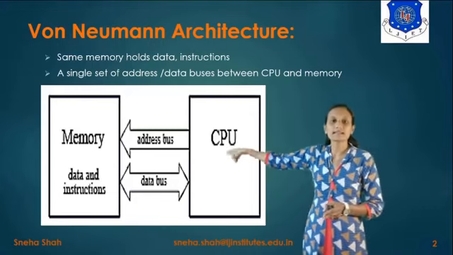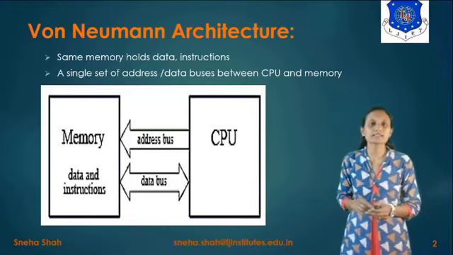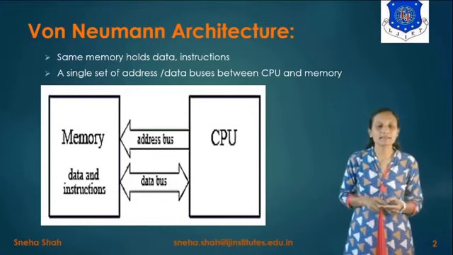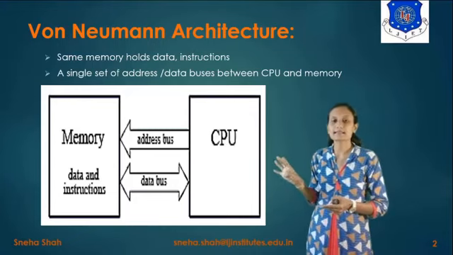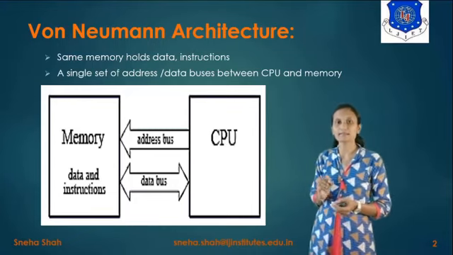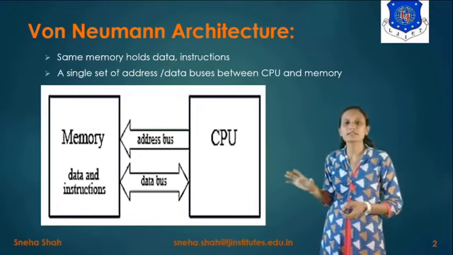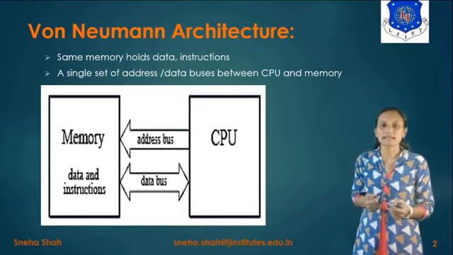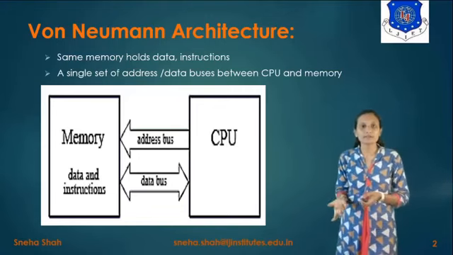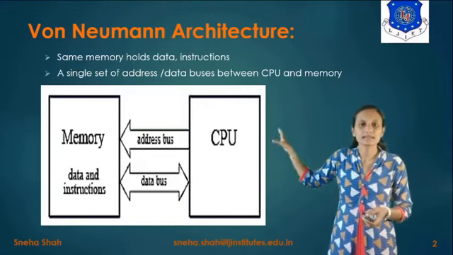Then the third one is buses. In this, we use the address bus and data bus. Then the fourth part is the ALU, the arithmetic and logic unit, used for arithmetic operations and logical operations. The fifth unit is input output data, which gives the input output data from the CPU.